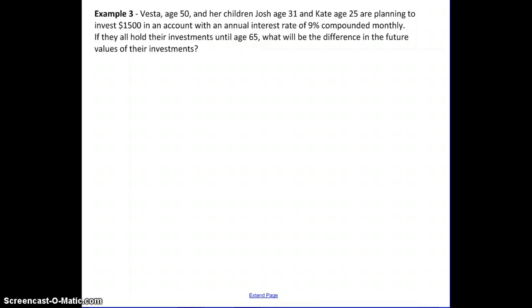So example 3 then, we have Vesta who's 50 and she's got kids Josh and Kate who are 31 and 25 planning to invest $1,500 in an account with annual interest rate of 9% compounded monthly. If they keep their investments until they're all age 65, what will be the difference in the future values of their investment?